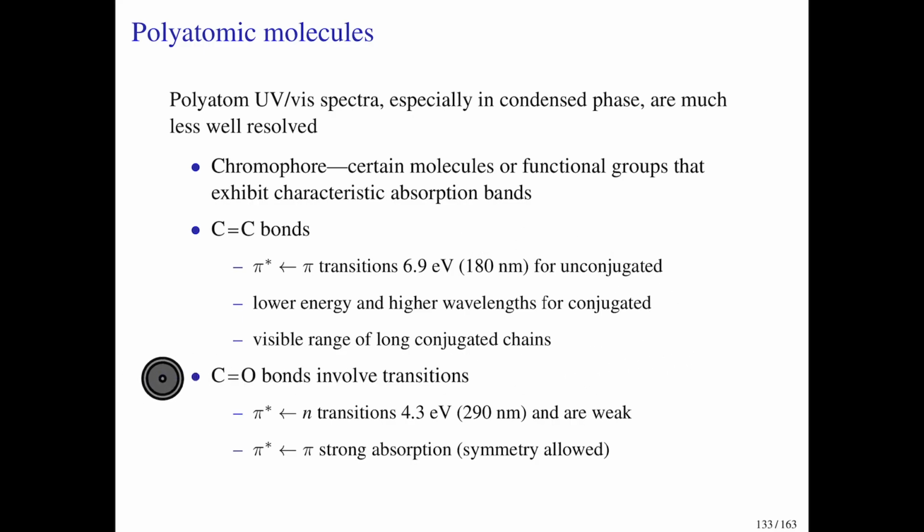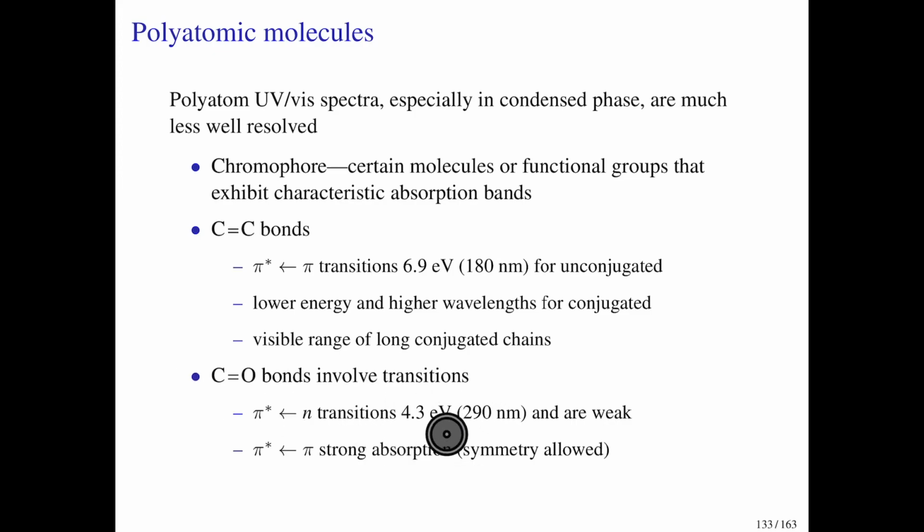Just like in vibrational spectroscopy, carbonyl bonds have characteristic UV-vis absorption, and there are two transitions that are relevant. One involves a transition between a non-bonding lone pair on oxygen to a pi star orbital that is delocalized across this functional unit.